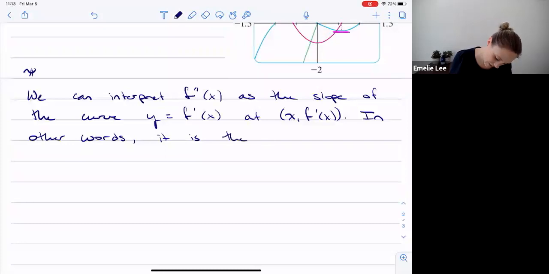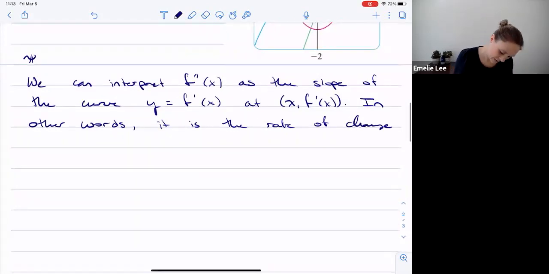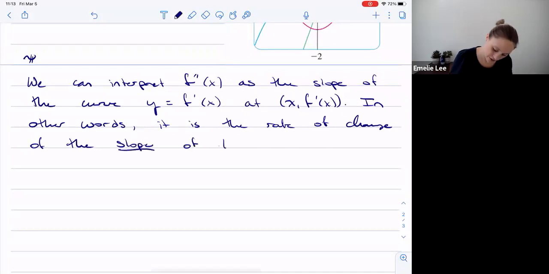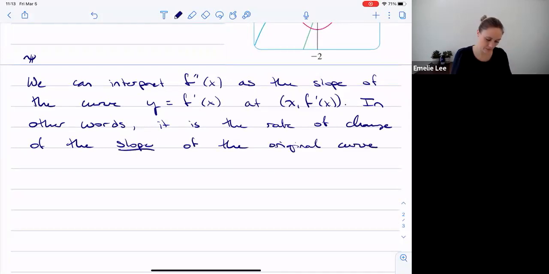So it is the rate of change of the slope of the original curve, y equals f of x.